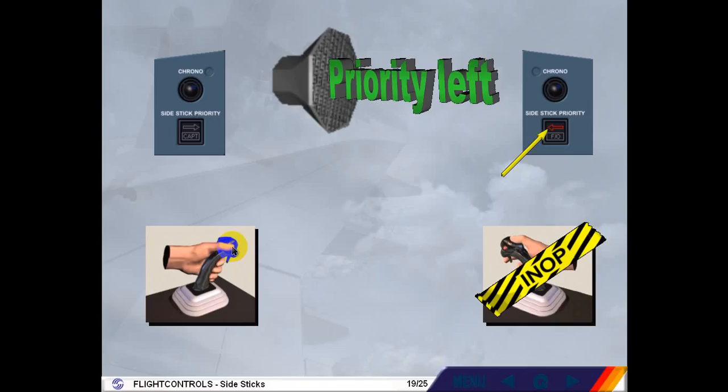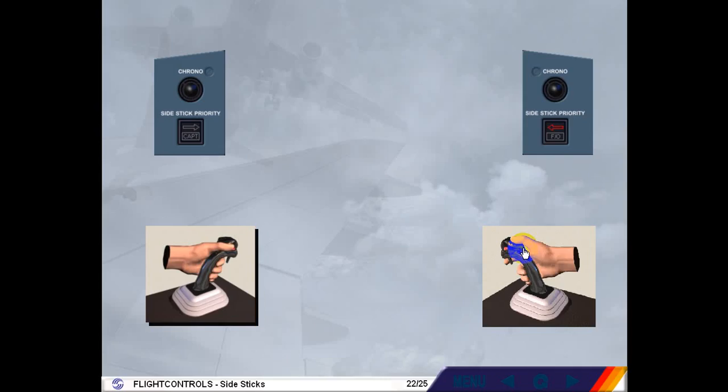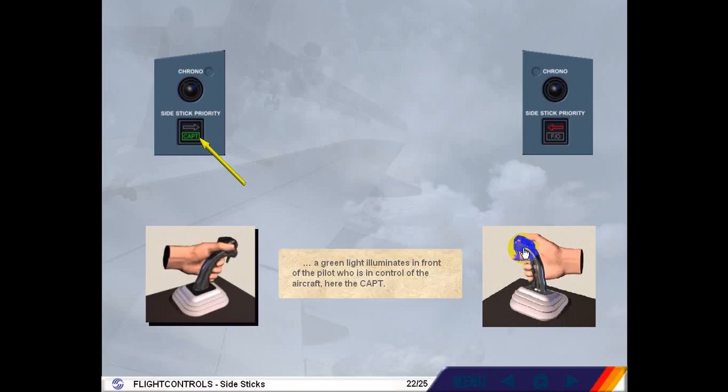To see what happens when the deactivated side stick is moved, move the first officer side stick. A green light illuminates in front of the pilot who is in control of the aircraft. Here, the captain.